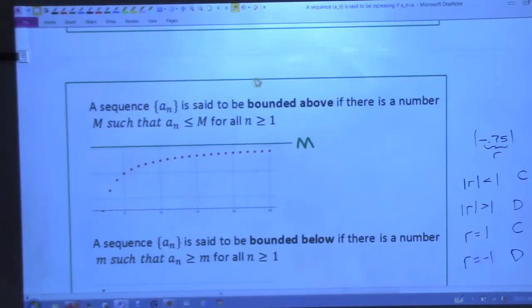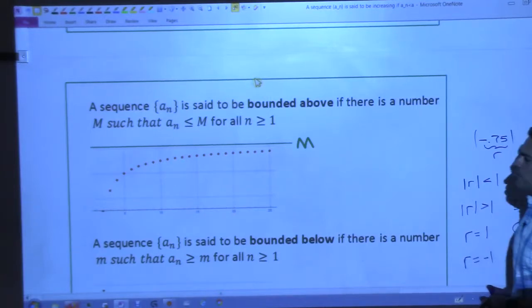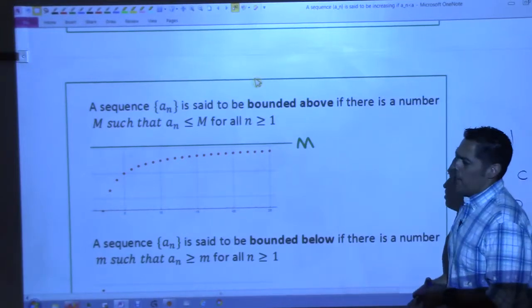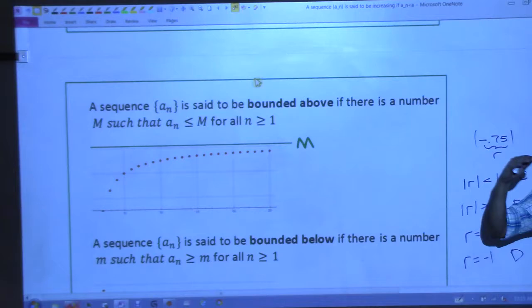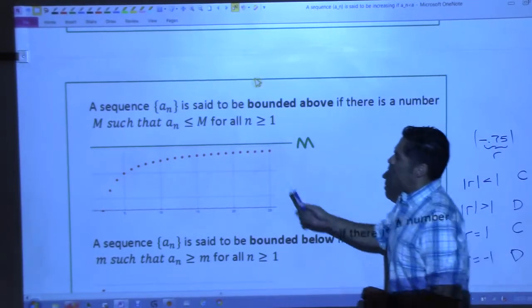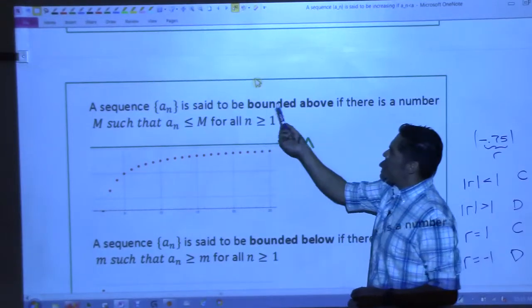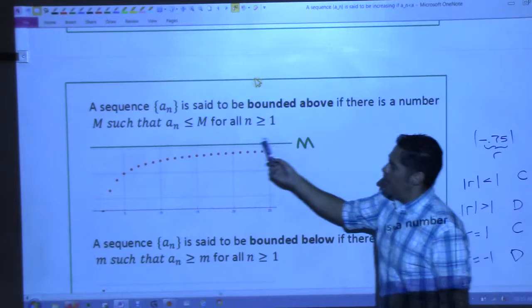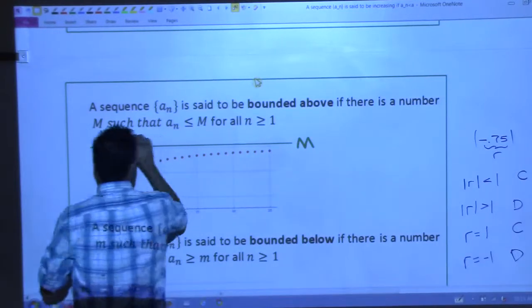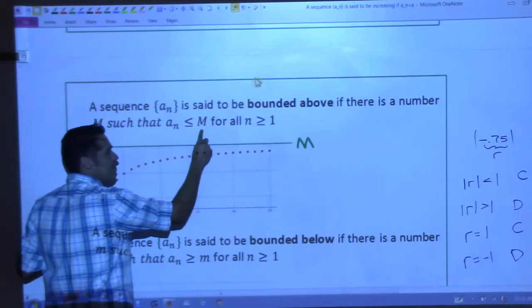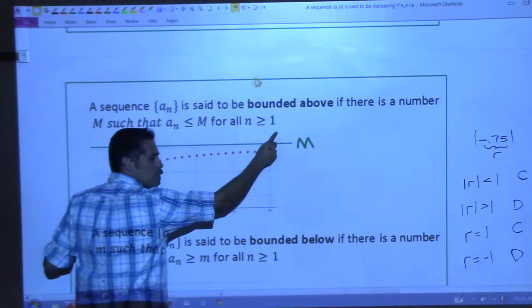All right, now, increasing is one thing. We have another definition which has to do with something called being bounded. When we look at boundedness, we want to think about a ceiling and a floor. If we have a sequence, we will say that the sequence is bounded above if there is a number, capital M, such that our sequence is always smaller than or equal to capital M for every n greater than or equal to 1.